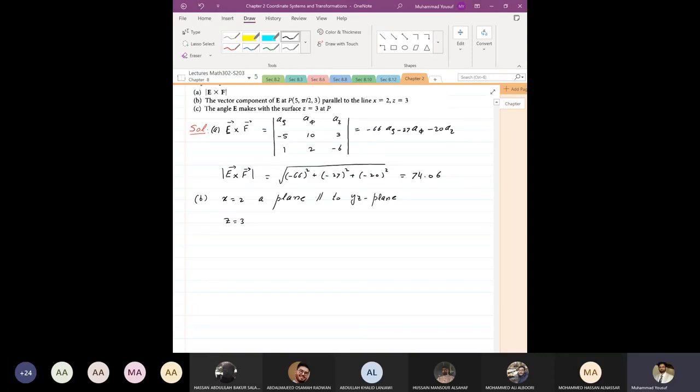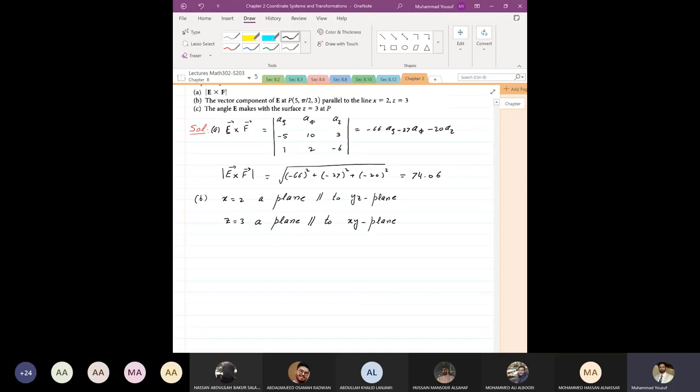So it is a vertical plane. Z equal to 3, a plane parallel to the xy plane, and 3 units above the xy plane. Usually we take the xy plane parallel to the ground, so 3 units above the ground.